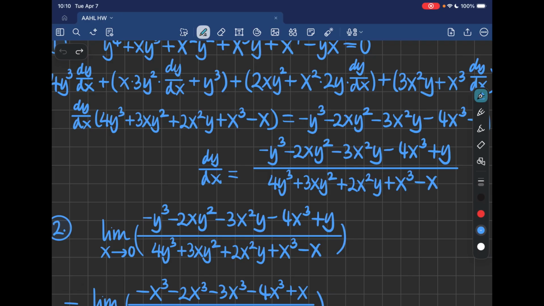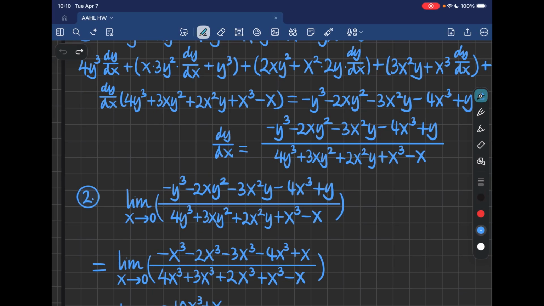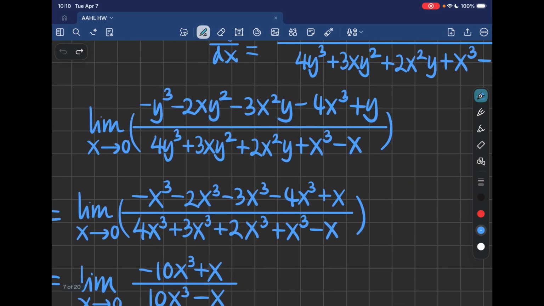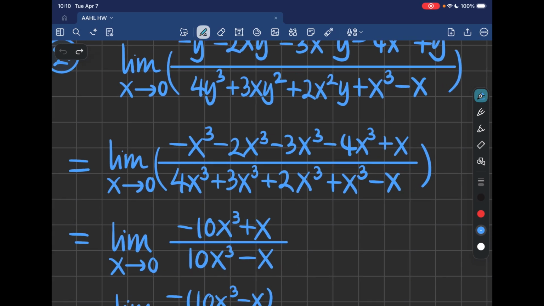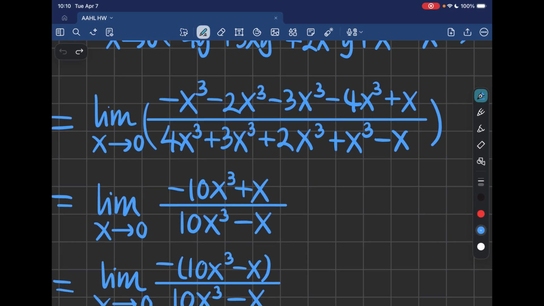So now let's find the limit of this as x approaches 0, and we substitute y with x, and it's clear that we can combine these like terms. And to this step, you will notice that we can factor out -1 from the top, because the terms on the bottom just got their signs reversed compared to the top.